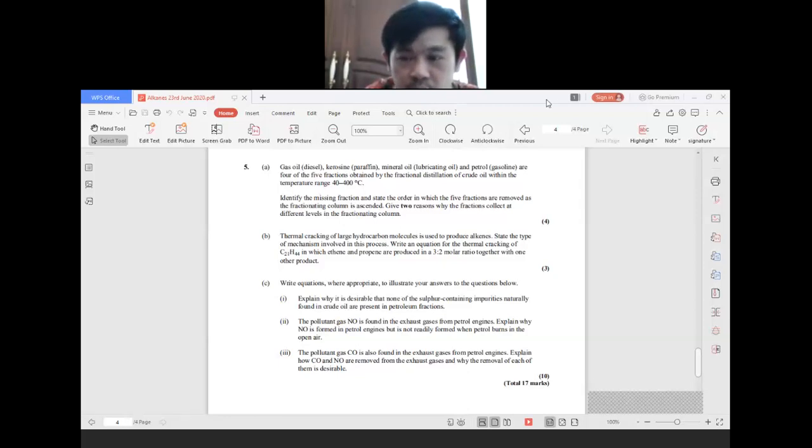So here the thermal cracking mechanism is homolytic fission. The thermal cracking, homolytic fission, is the formation of free radicals, and then the cracking of C21H44.